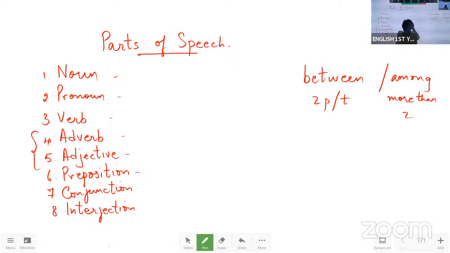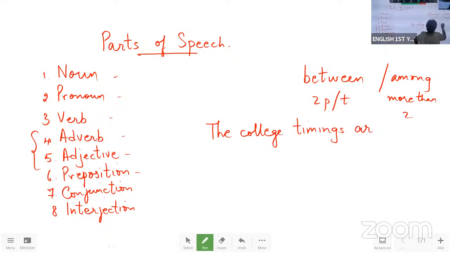The other thing, the college timings are, immediately you use the word from, and here to.